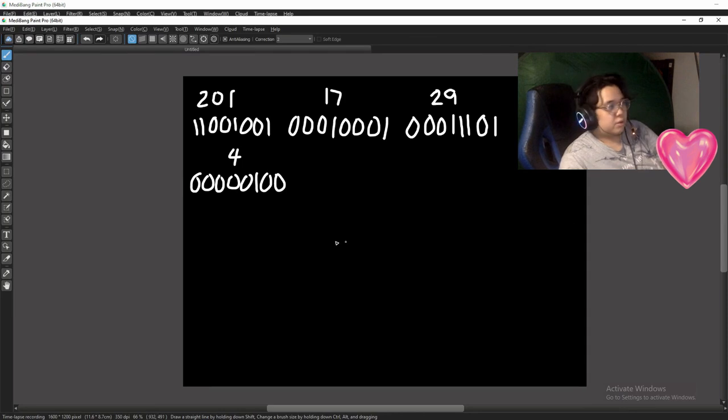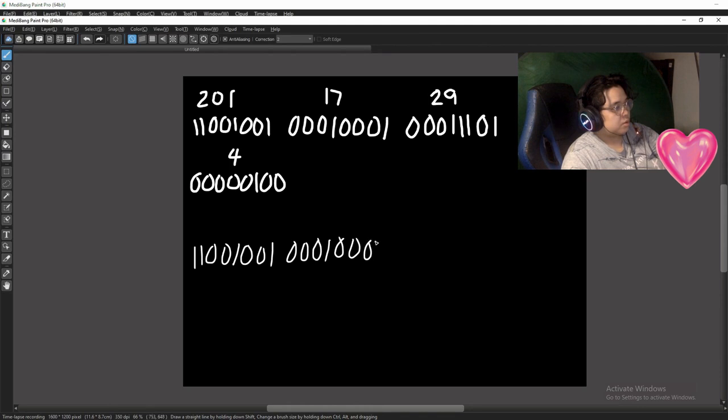So now we can combine all the binaries that we've converted. This is 11001001 from 201, and then 00010001 from 17, then 00011101 from 29, and then 00000100 from 4.